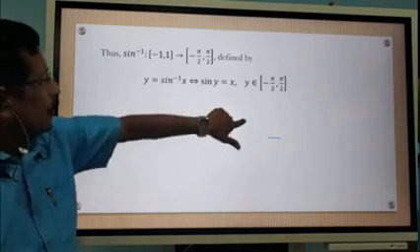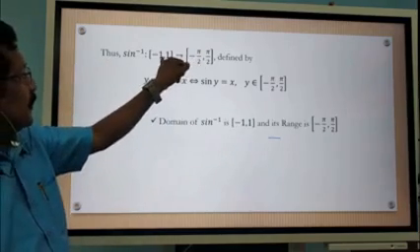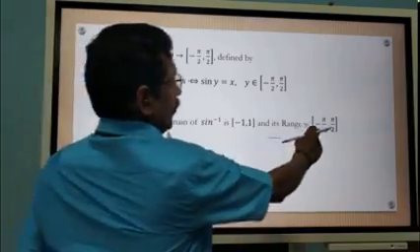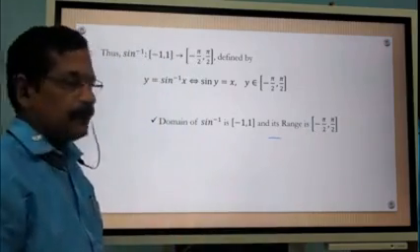Continuing, the domain of sine inverse is minus 1 to plus 1 and its range is minus pi by 2 to plus pi by 2.